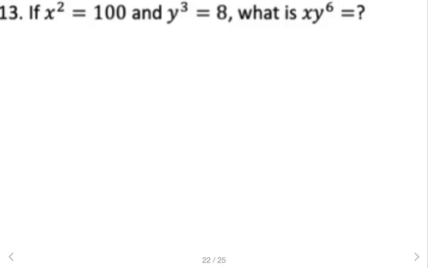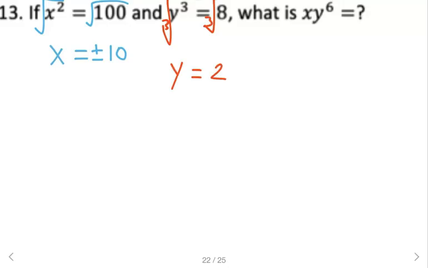This time we have x squared equal to 100. Square root both sides. We get x equal to positive or negative 10. We could cube root here, and we'd have y equal to positive 2.